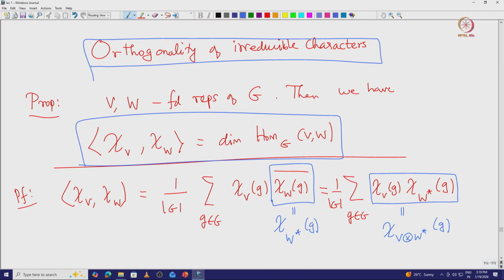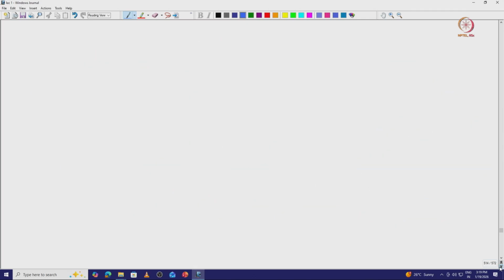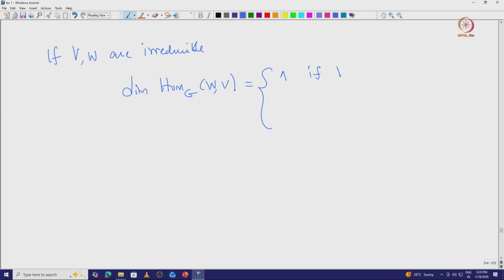Now if you start with V and W to be irreducibles, using Schur's lemma, if V and W are irreducible, then the dimension of Hom_G(V, W) or Hom_G(W, V) is going to be either 1 if V and W are isomorphic or 0 otherwise.